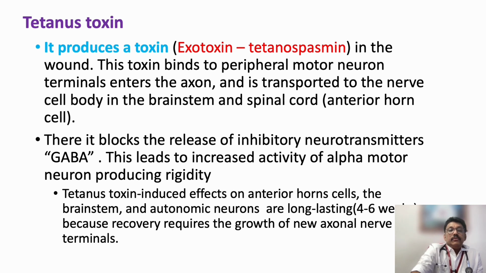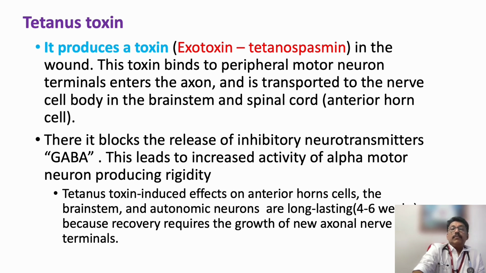That will lead to increased activity of alpha motor neurons that produces persistent rigidity of that group of muscles. So it mainly affects the anterior horn cells, especially in the brainstem or spinal cord. That produces persistent rigidity in that group of muscles.